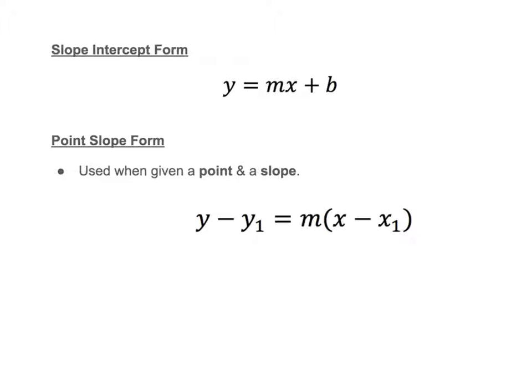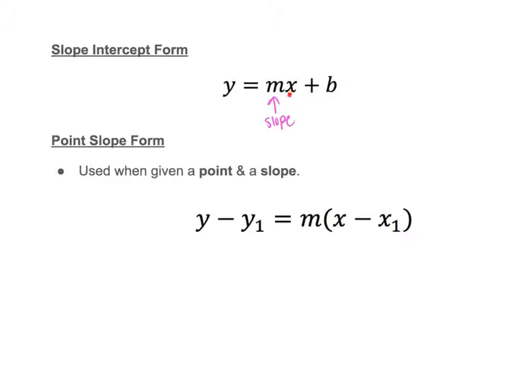Okay, so let's take a look at slope-intercept form. Slope-intercept form is a way we can represent linear functions. And so you might have looked at this formula here before, where m represents our slope.